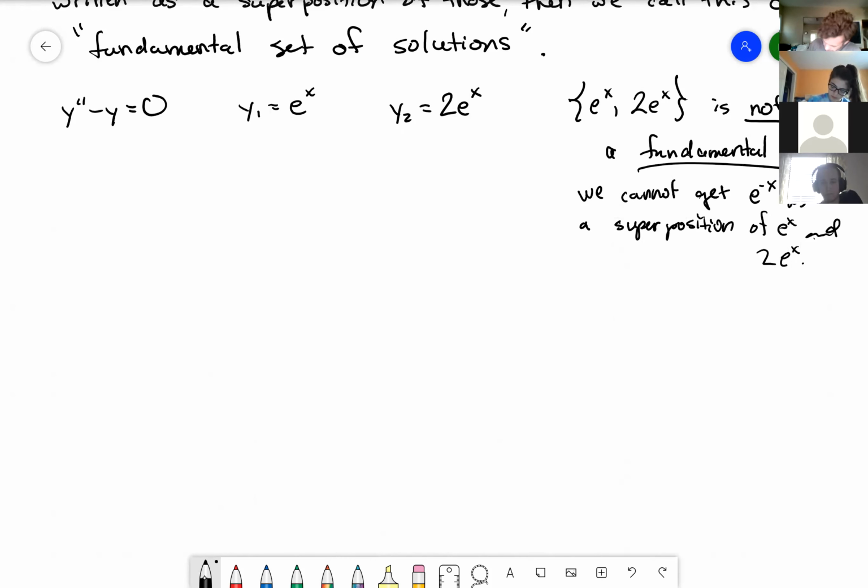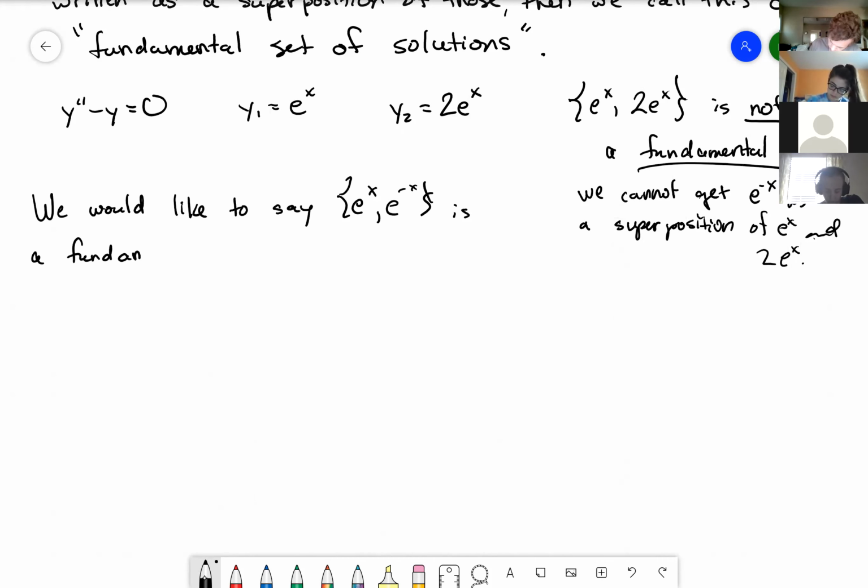We would like to say that e to the x and e to the minus x is a fundamental set. But we're not quite there yet. We're close, but we're not quite there.